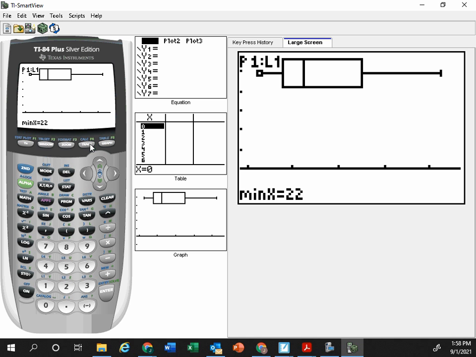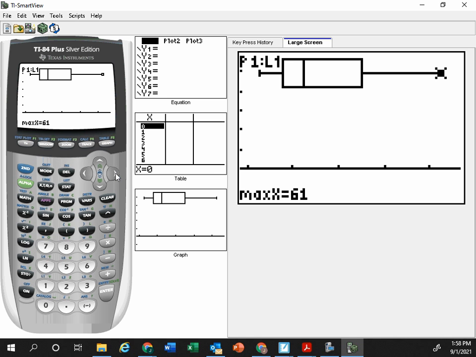When you trace, you can see your 5-number summary: your minimum, Q1, median, Q3, and max. Much easier than doing this by hand. You don't have to calculate the one variable statistics, write it down, and make the graph. You can just go straight here and that's okay.